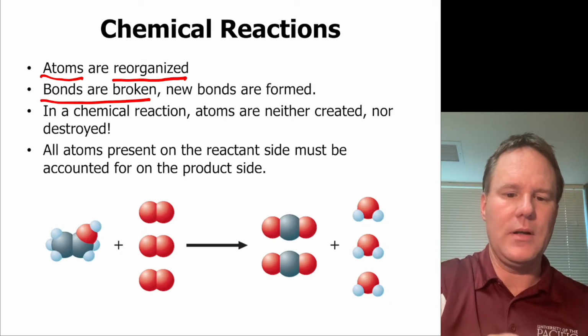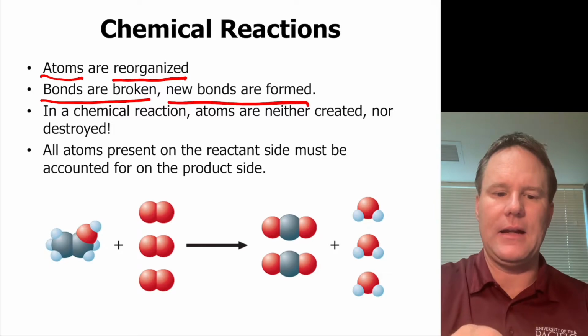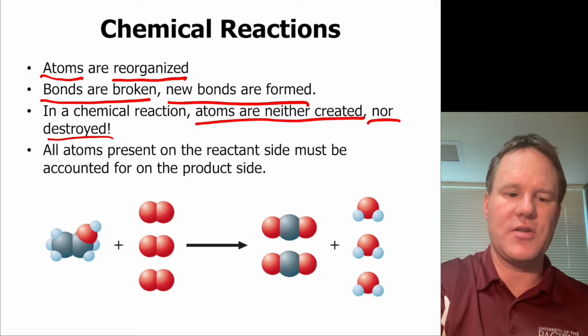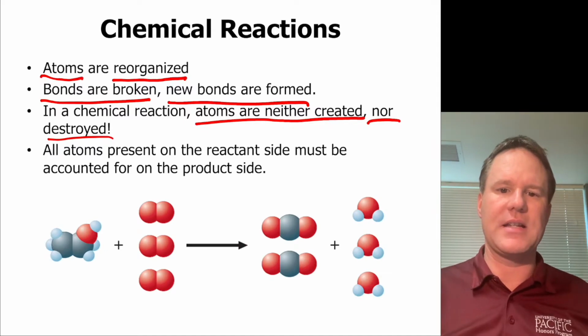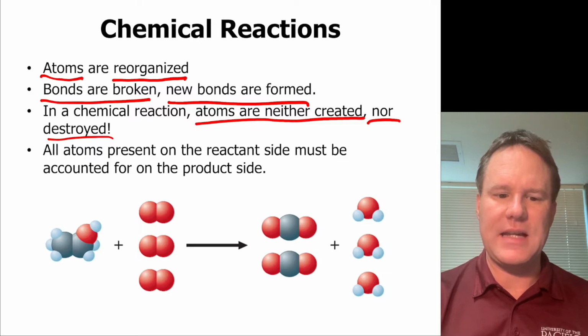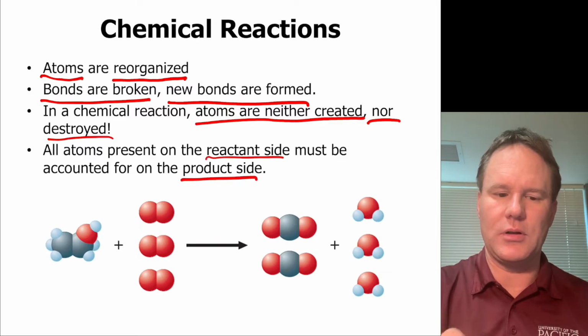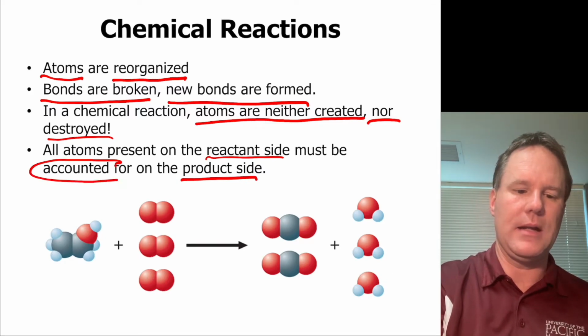Bonds are broken and new bonds are formed. And importantly, in a chemical reaction, atoms are never created or destroyed. You can do that in nuclear physics, but not in chemistry, which means that you have to have the same number on the reactant side as you have on the product side. Everything has to be accounted for.